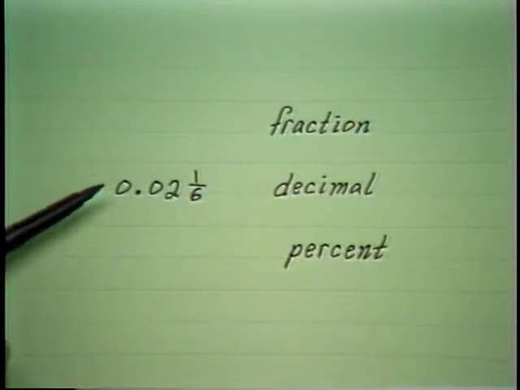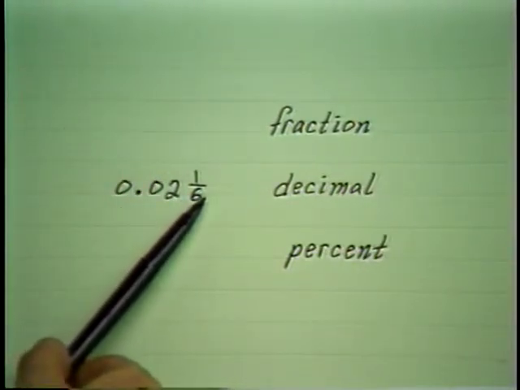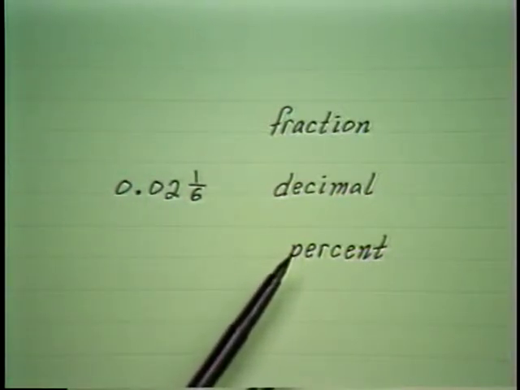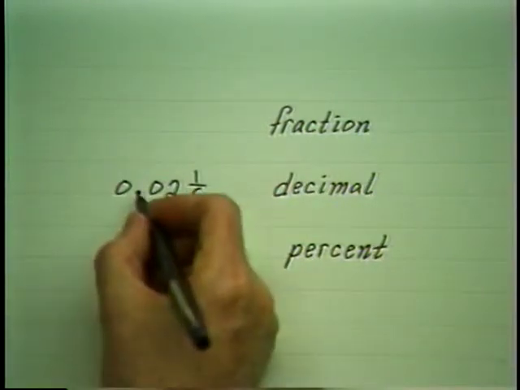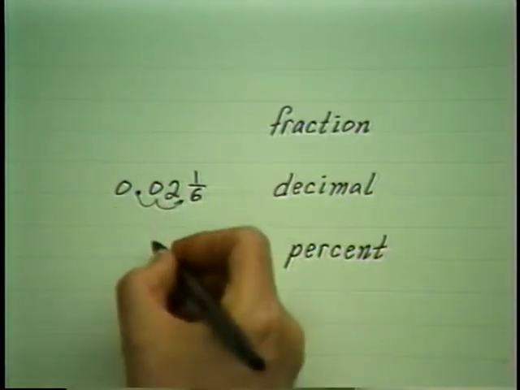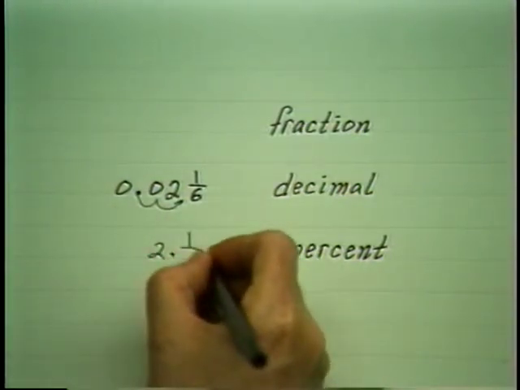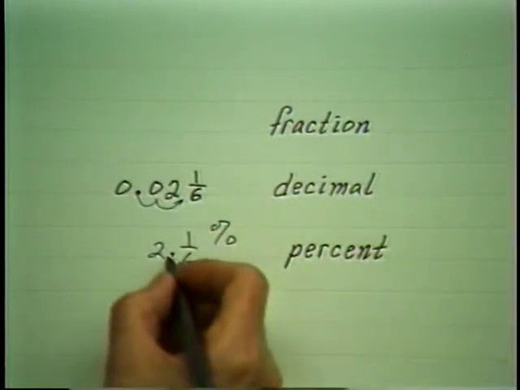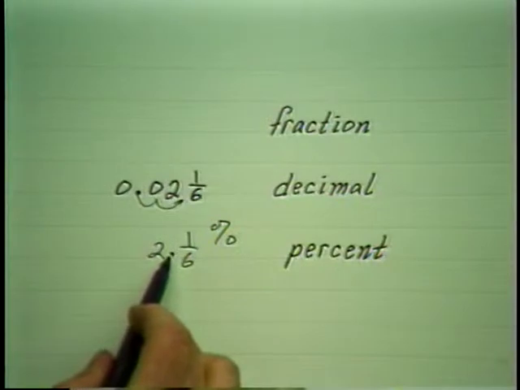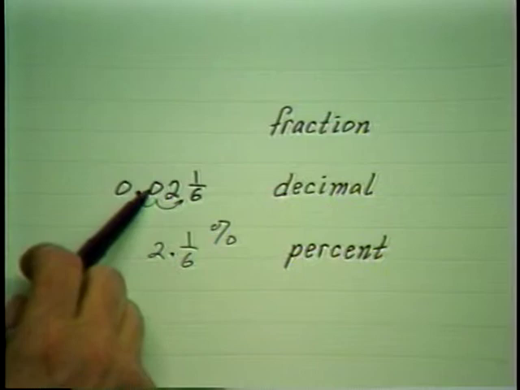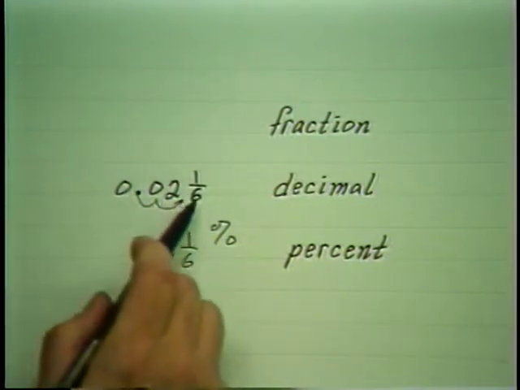Now let's do another one, starting with a decimal with a fraction and go both ways. Well, if we're converting to a percent, we still move the decimal point 2 places to the right, or if you will, towards the percent, and then stick the percent sign on. And in this case, of course, we don't really need that decimal point. In going from a decimal to a fraction, when the decimal had a fraction with it, we had a special shortcut.